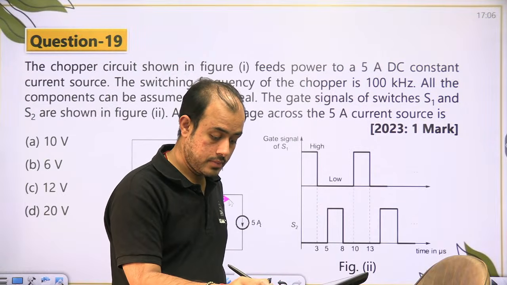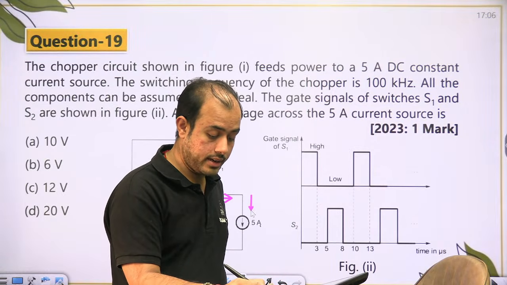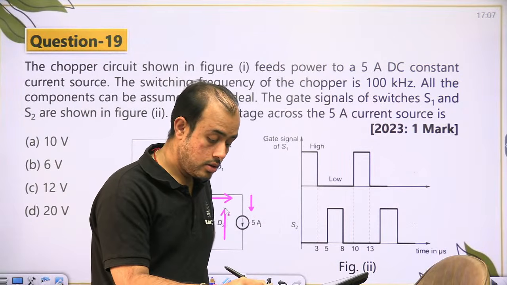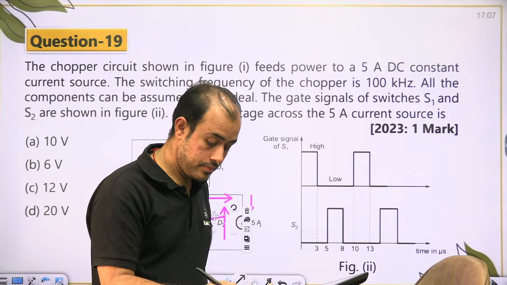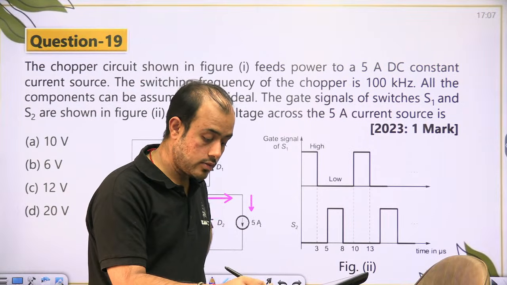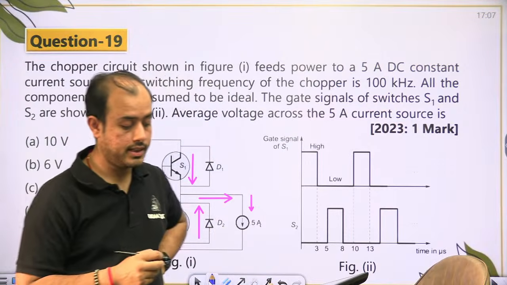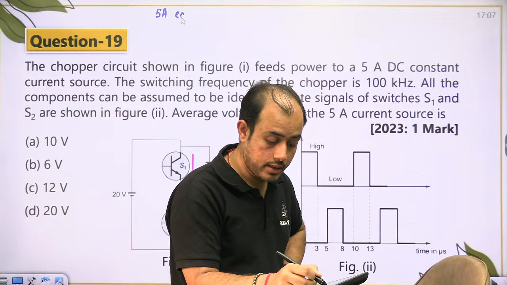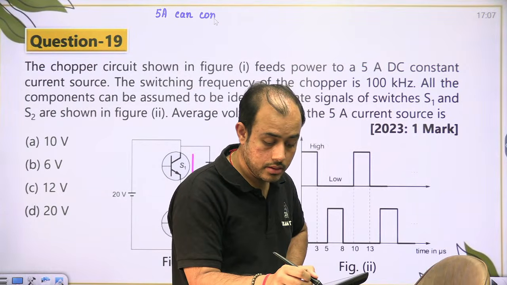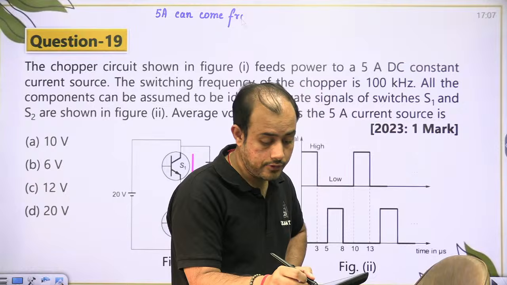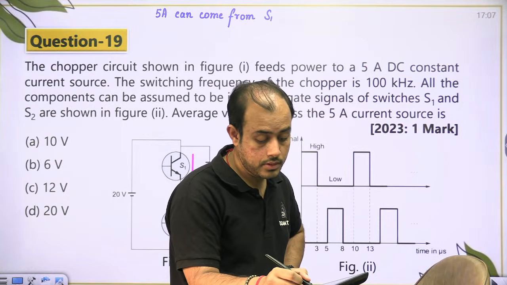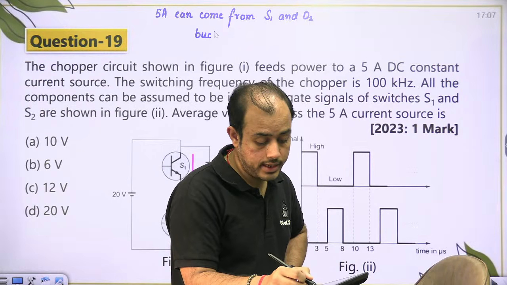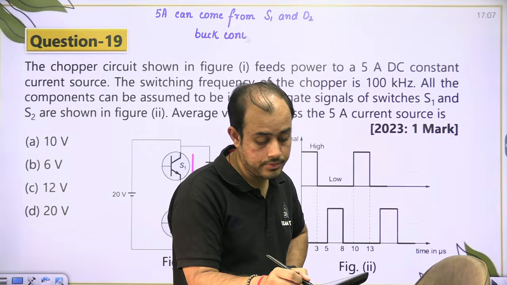Look, this 5 ampere can flow via either S1 or via D2. Either this current can go through S1 or D2. Okay, so 5 ampere can come from S1 and D2, which will make it a buck converter.